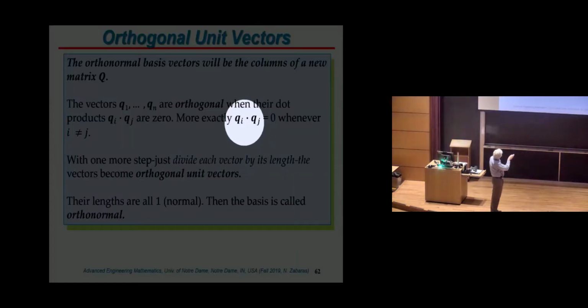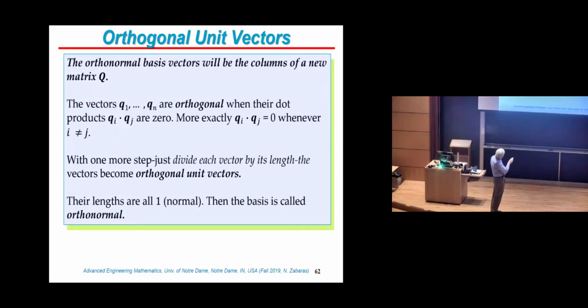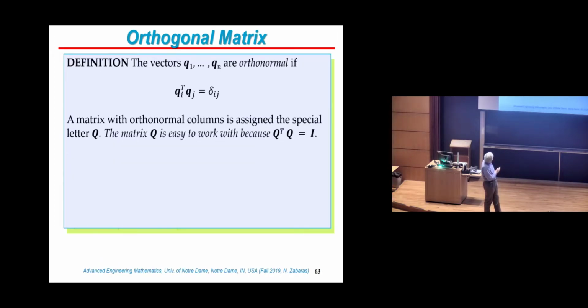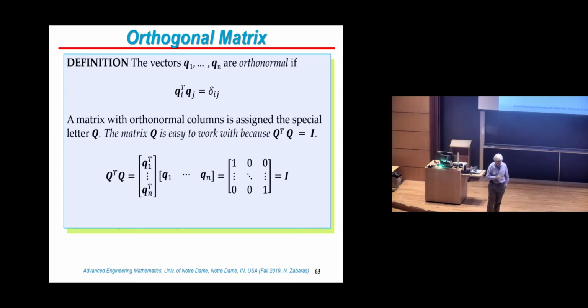The rest of the lecture is, for the vectors, if i and j are not the same, qi dot qj is equal to 0. If qi dot with qi is equal to 1, then the vectors are what we call orthonormal. And so that's the definition of the orthogonal matrix, all right? So Q transpose Q is always equal to I if the vectors are orthogonal and of unit magnitude.